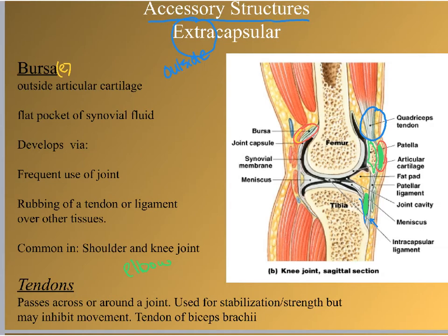I know it's called a ligament, and technically it is because it's anchoring bone to bone, patella to the tibia. But sometimes you might hear it called the patellar tendon also. I don't mind which one you use. The point is, what you see here are tendons that help to stabilize the joint itself.